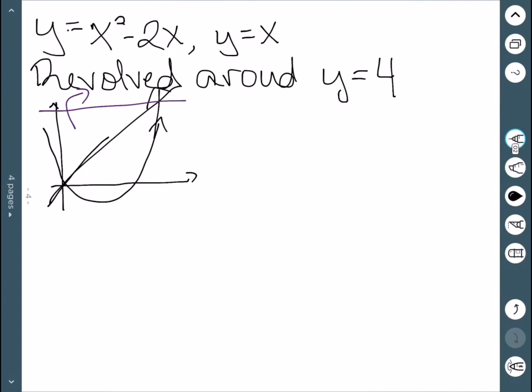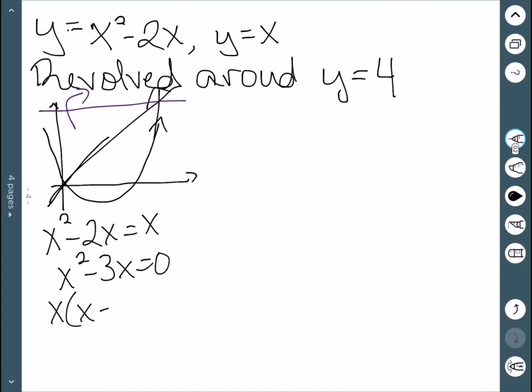So the first step is to find our intersection points. If x squared minus 2x is equal to x, I can subtract x from both sides, get x squared minus 3x equal to 0, and then factoring will give us that x is 0 and 3. These are my boundary points.